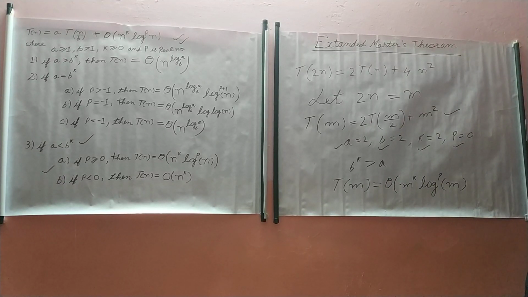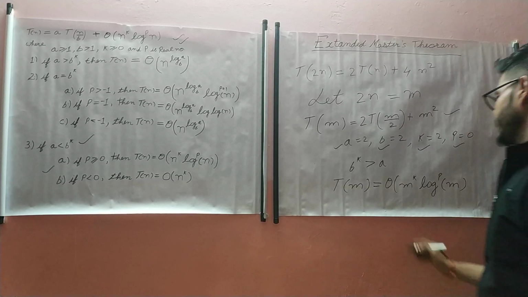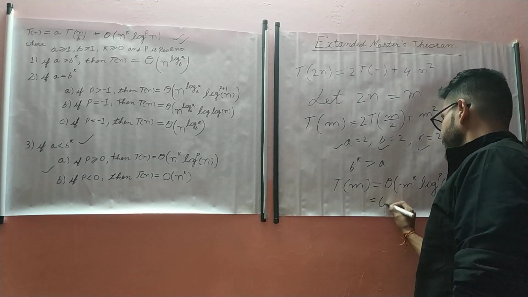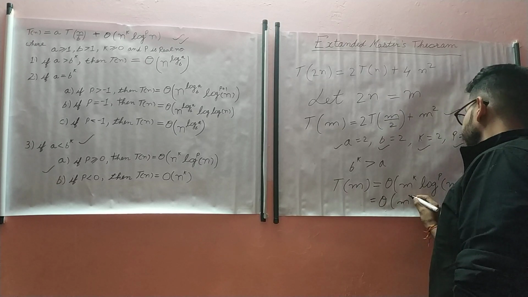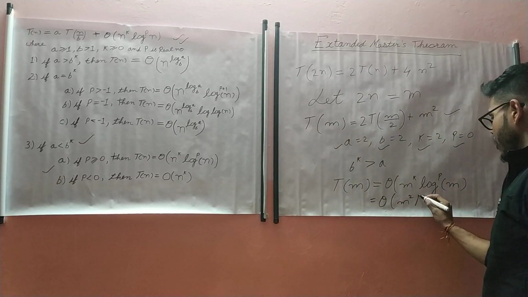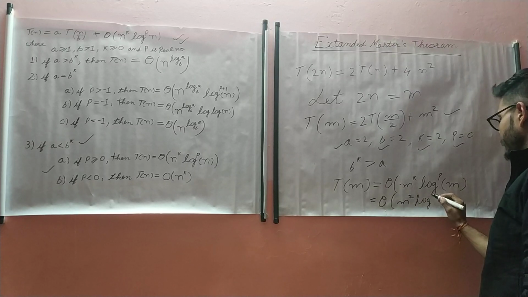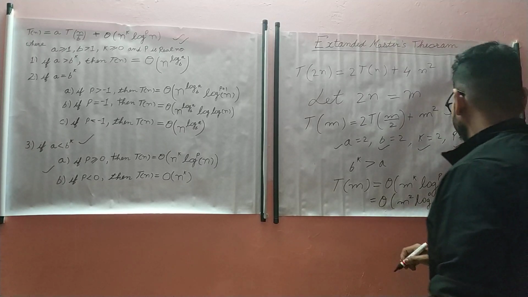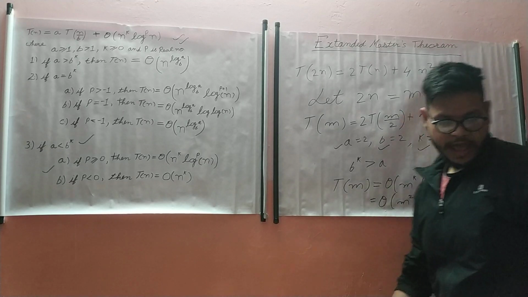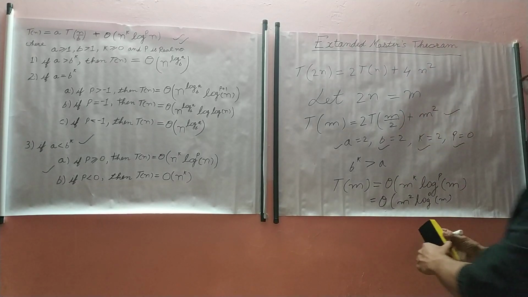Now put the values of k and p. We get theta of m square log power 0 m, so we get theta of m square.